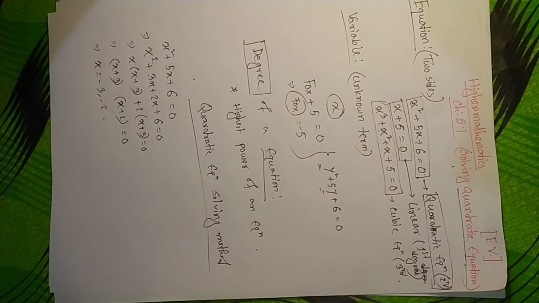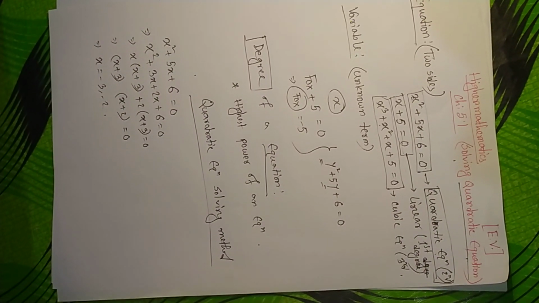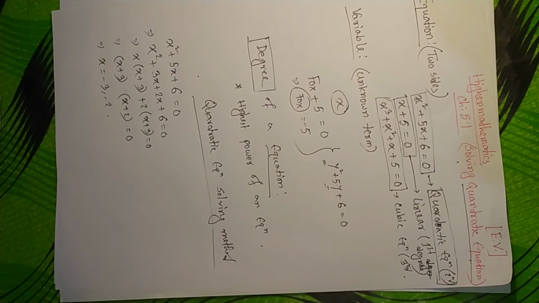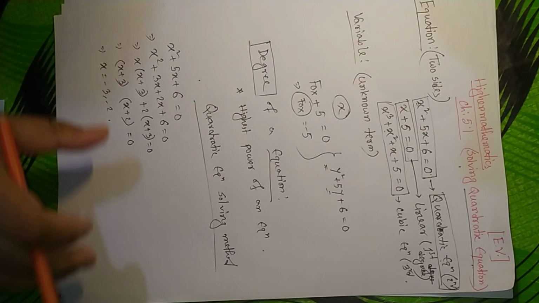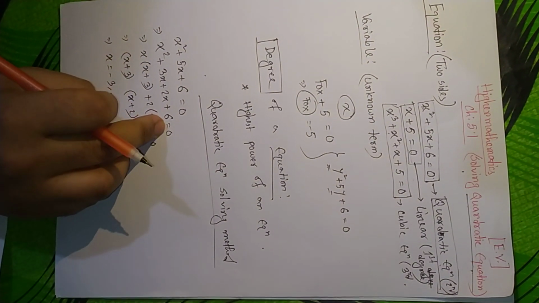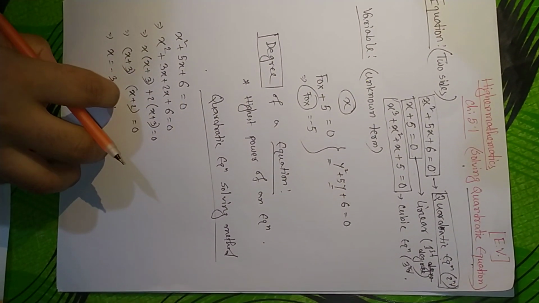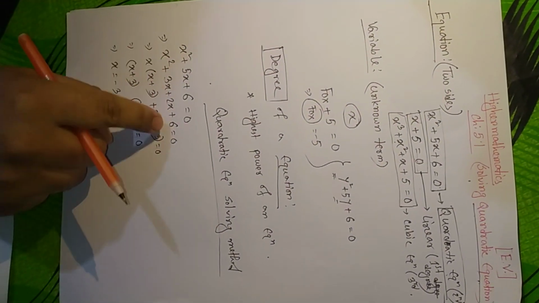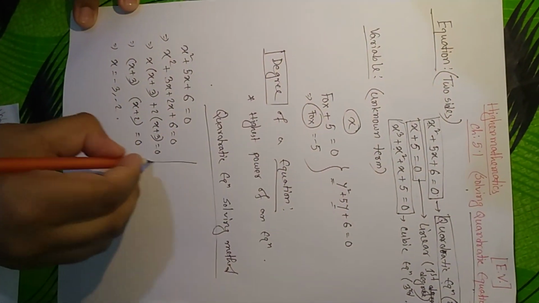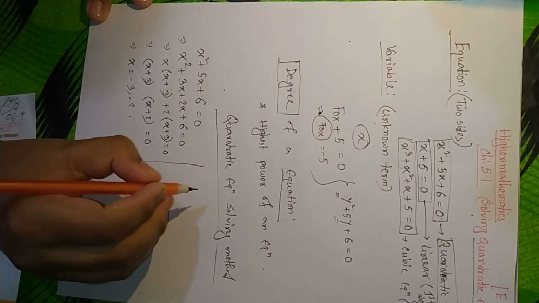Maybe one question has crossed your mind: why should we think about the quadratic equation solving method? We can understand it very easily, but the problem is that we can't always find the solution of x by using the middle term. There is another procedure, and it is very easy.